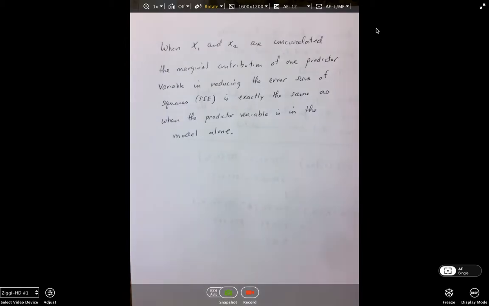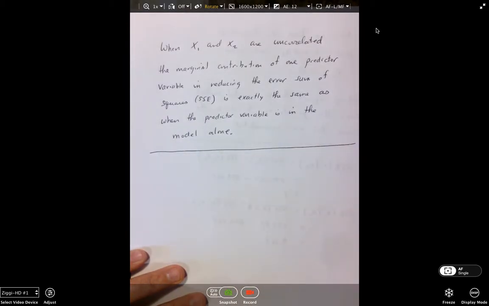Now, let me see if that makes sense. So when x1 and x2 are uncorrelated, the marginal contribution, so the addition of one predictor variable in reducing the error sum of squares, is exactly the same as when the predictor variable is in the model alone. All right, that's perfect.